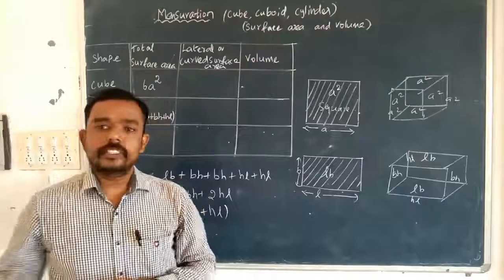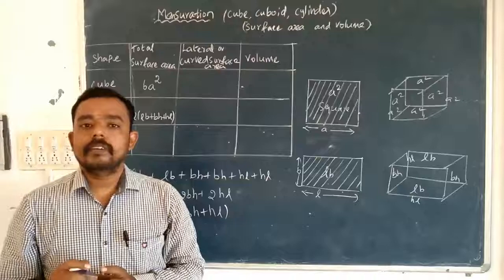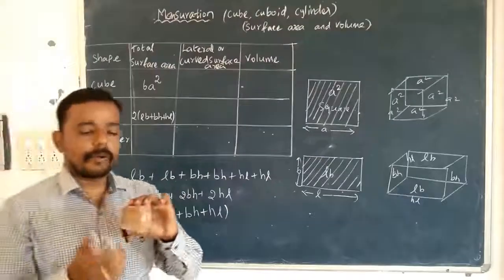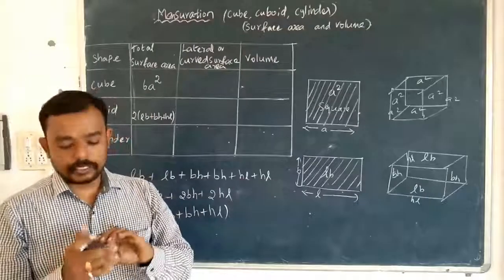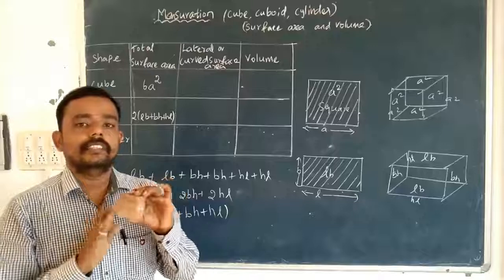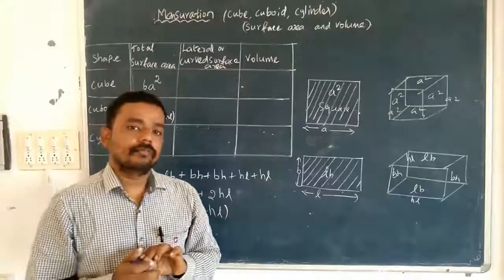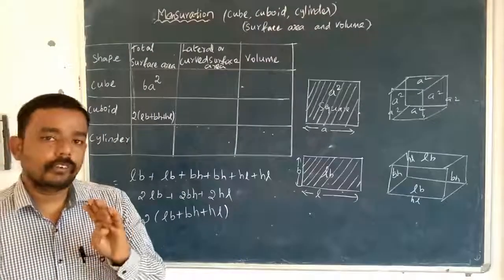Now the enclosed space is four walls. So you can analyze that the top and bottom we can remove, and only the sides we are going to analyze. Here 1, 2, 3, 4, four sides we have. So we are going to consider only four sides.